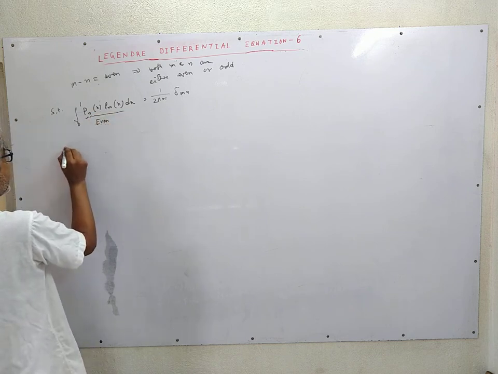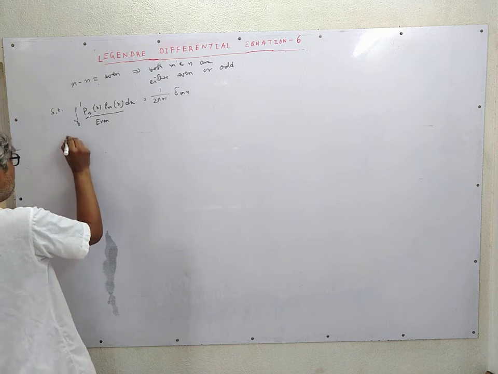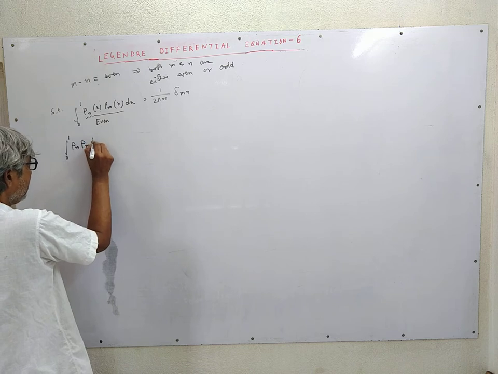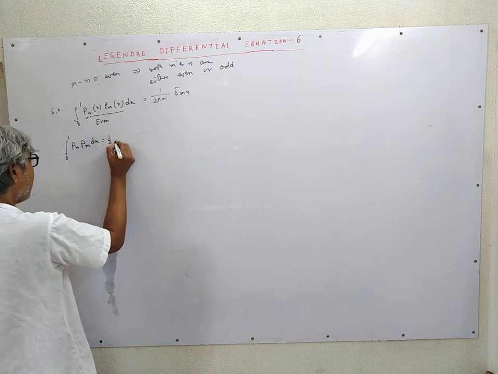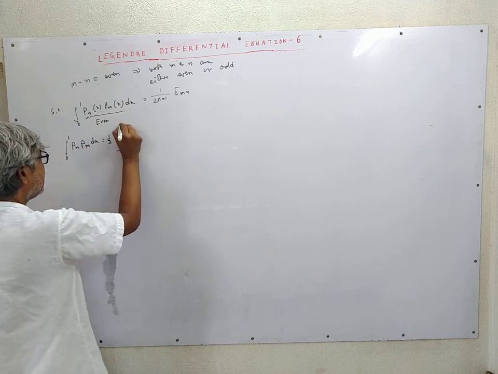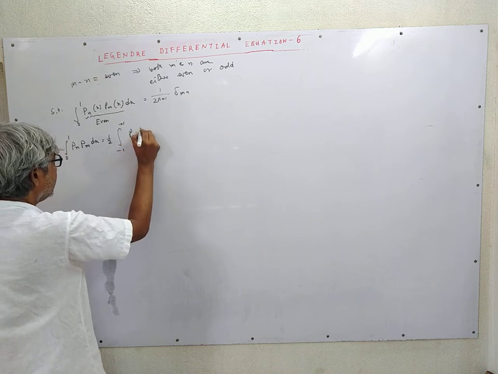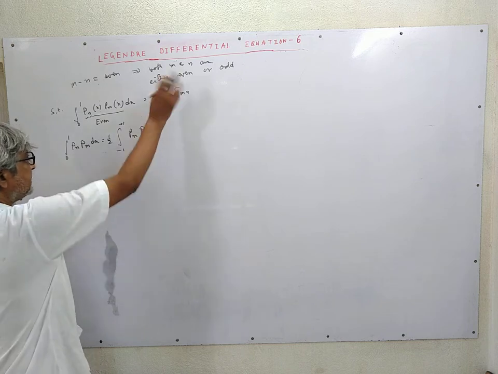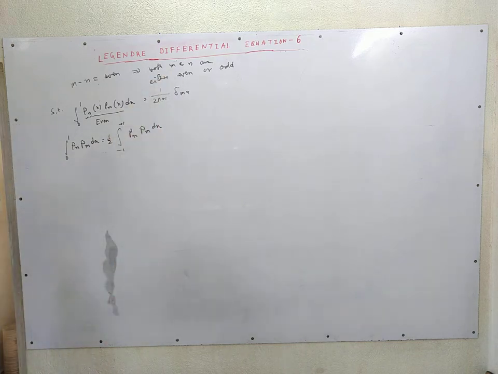So we can write this integration from 0 to 1 Pn Pm dx is equal to half of the integration from minus 1 to plus 1 Pn Pm dx, and hence the result follows.